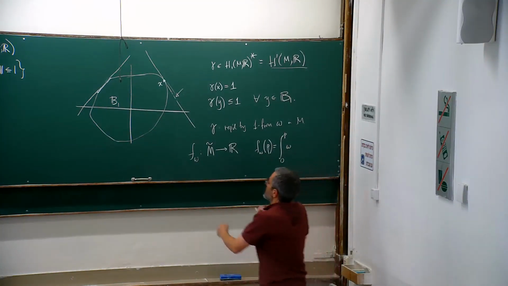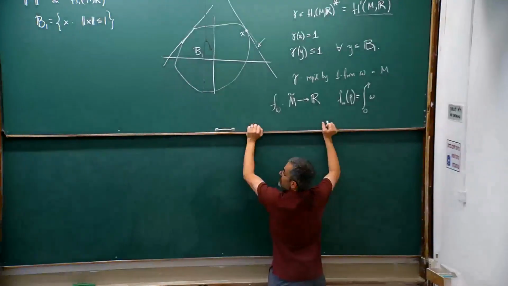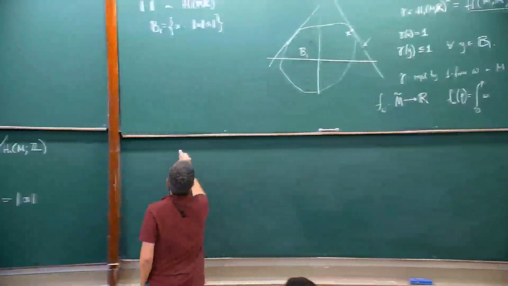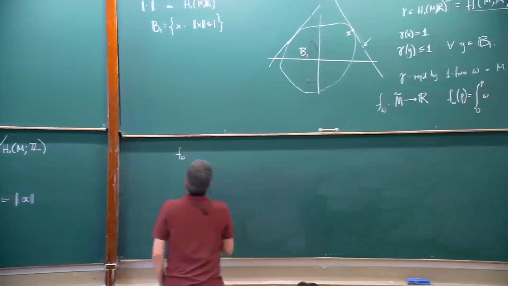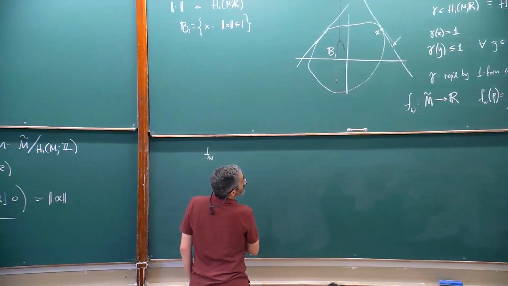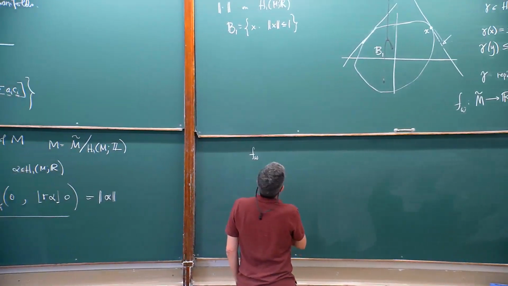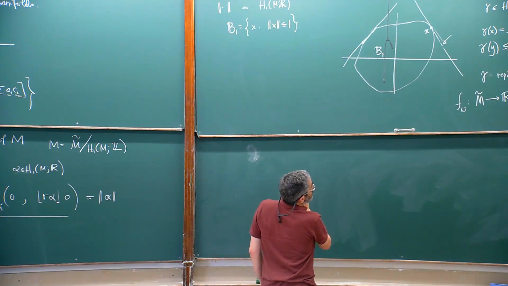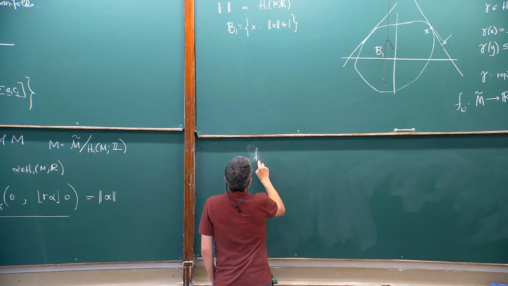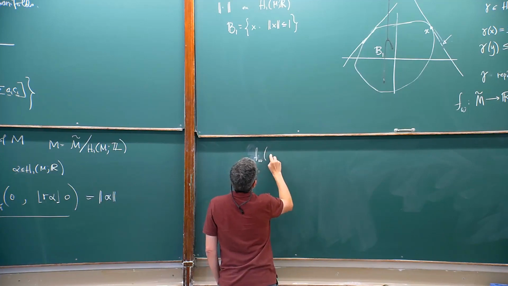What properties does this map have? So f omega has an equivariance property.